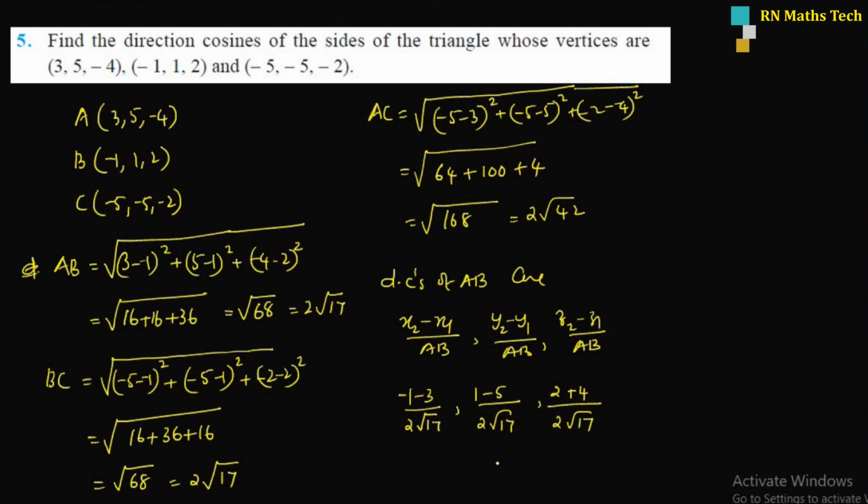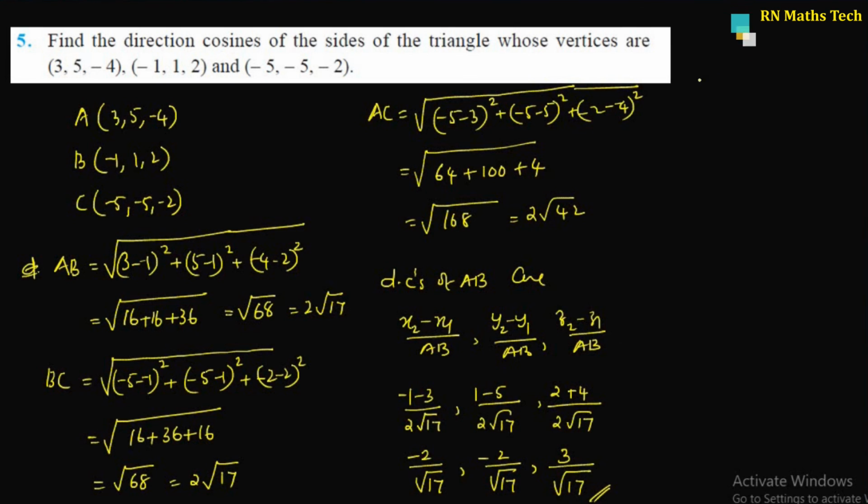So that is minus 4 by 2 root 17. അപ്പോൾ minus 4 ഒരു 2 കട്ട് ചെയ്താൽ minus 2 by root of 17. അടുത്തത് minus 2 by root of 17. അടുത്തത് 6 2 ആയിട്ട് ക്യാൻസൽ ആകുമ്പോൾ 3 by root of 17. That is the direction cosines of AB.